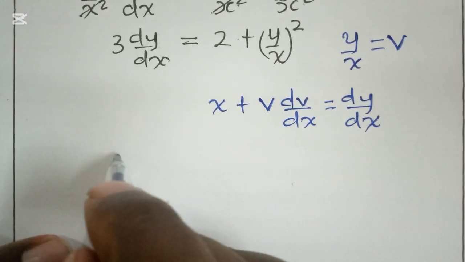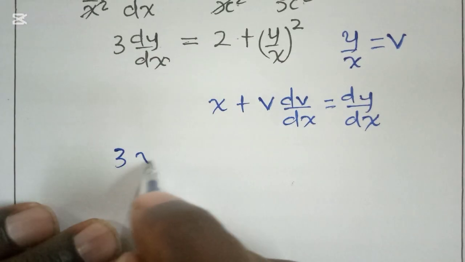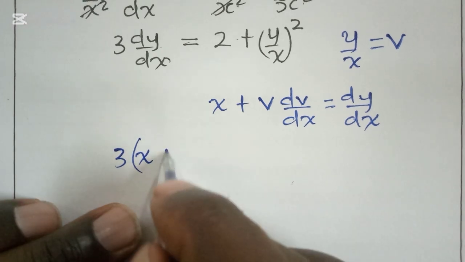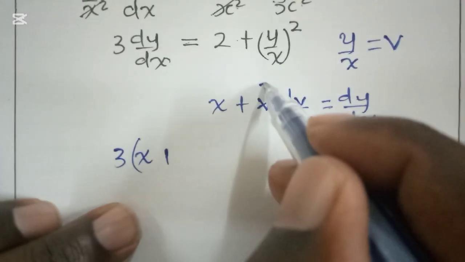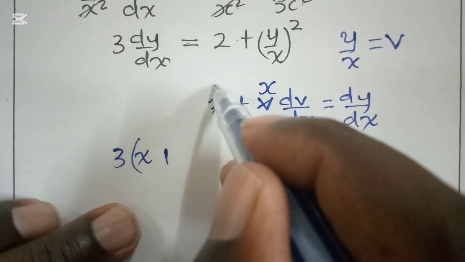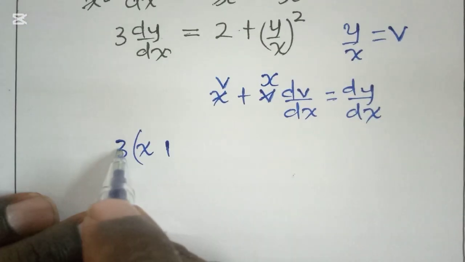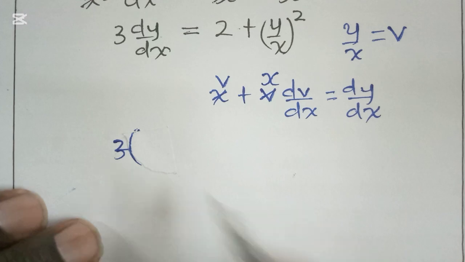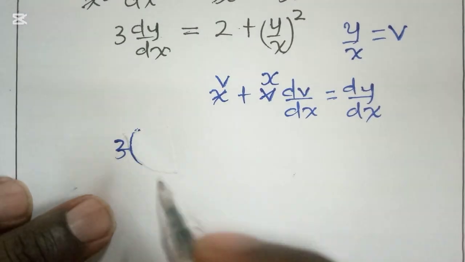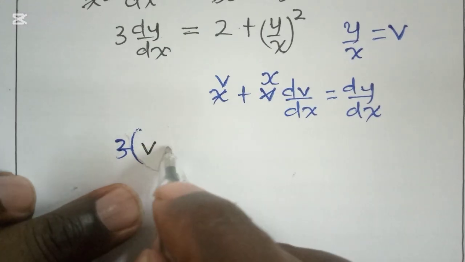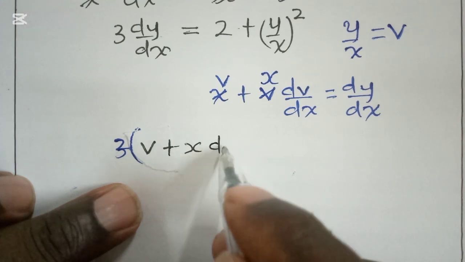So therefore, we shall write 3. Instead of writing dy dx, we write x dv dx plus v; this is supposed to be x, this is supposed to be v. So we can cancel this, and we shall have 3 multiplied by v plus x dv over dx.